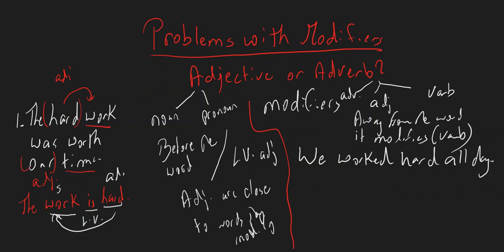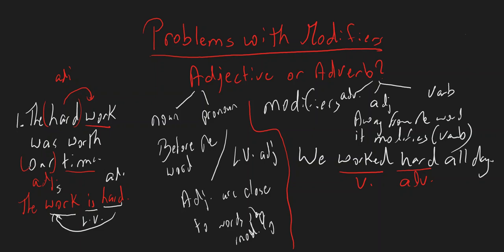Okay, so I'm going to just focus on the word hard here. That's the verb, and hard modifies the verb in this case. So you notice that in the sentence the adverb comes after the verb that it modifies.